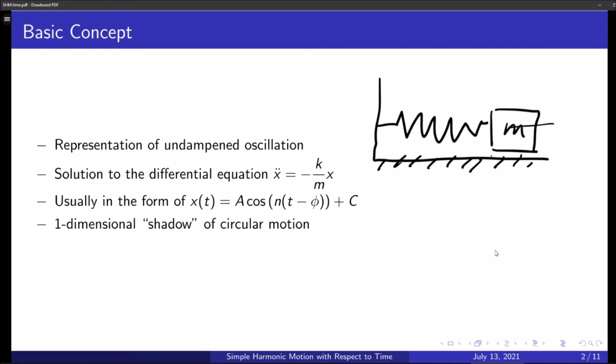And also we're going to look at how simple harmonic motion is really the one-dimensional shadow of a circular motion. And in the end, we're going to try a few exercises and examples to see how the various aspects of simple harmonic motion can be applied.